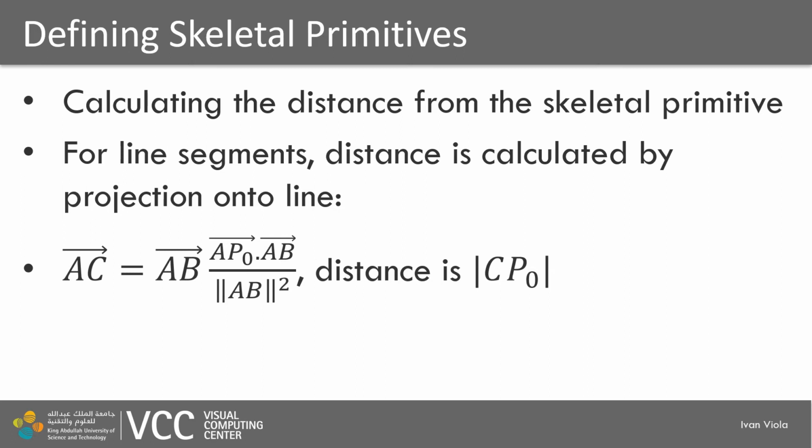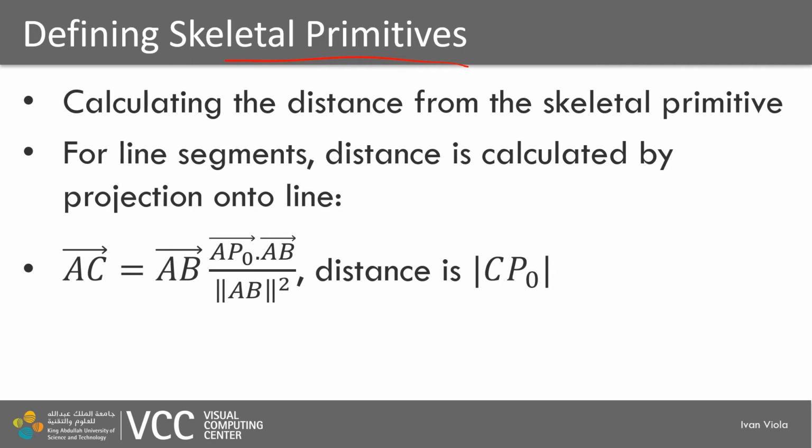For any implicit representation, we basically need the skeletal primitives, some distance metric, the falloff function, and then also the blending operator. Now, let's have a look at the distance function, how this can be computed. Well, we can have different skeletal primitives, and the distance can be computed based on what primitive we are dealing with.